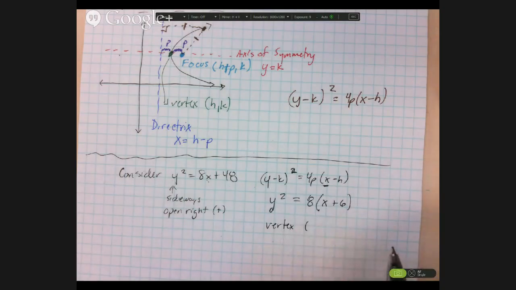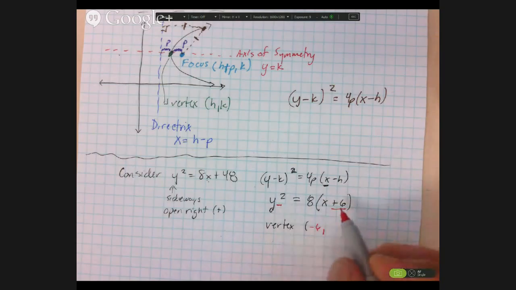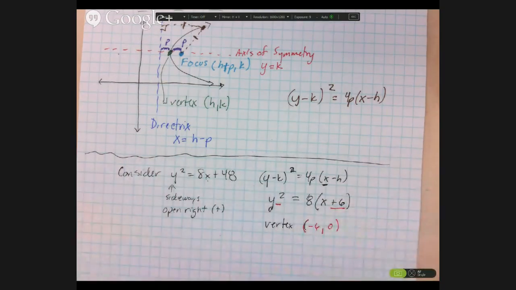Okay, what is the vertex then? Knowing that this is our h, right? So -6, and k is 0. What is p?